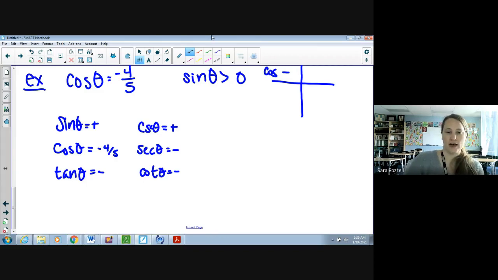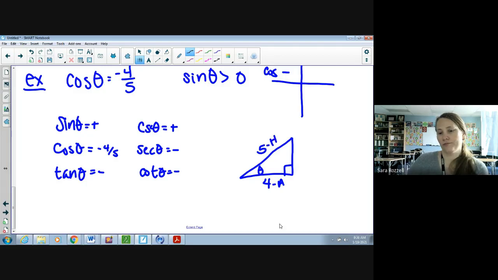And now we've just got to figure out the rest of our trig functions, which you guys have already done in problems, but I just wanted you to make sure you got the signs right. So if we have theta here, this is adjacent over hypotenuse, right? Cosine, adjacent over hypotenuse. So 4, 5, because this was adjacent, this was hypotenuse.